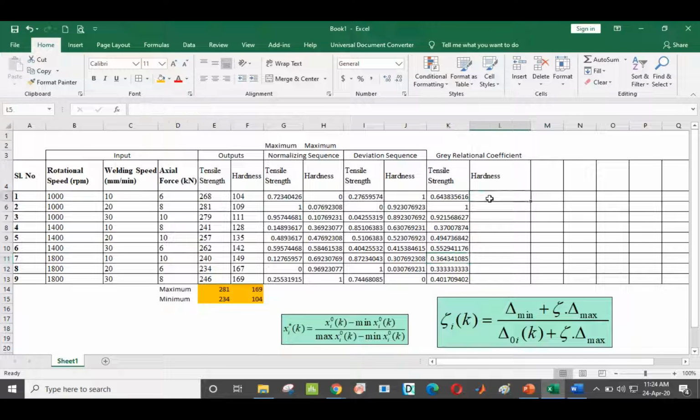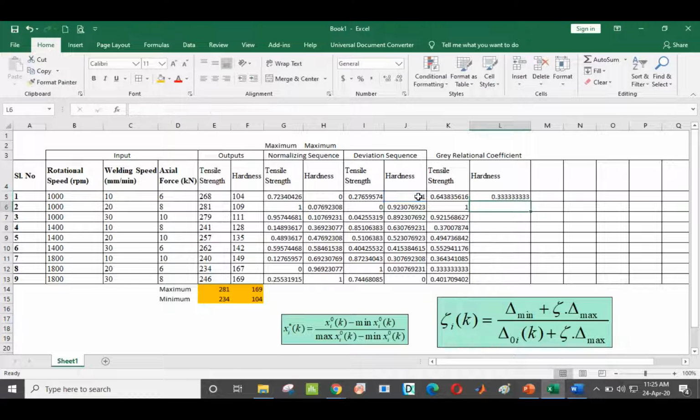Similarly for hardness, I am going to give the same formula, equal to del min is 0 plus another bracket, eta value is 0.5 asterisk del max value of 1, divided by the individual deviation sequence value for hardness. This is the first trial, number 1, plus another bracket 0.5 of 1.